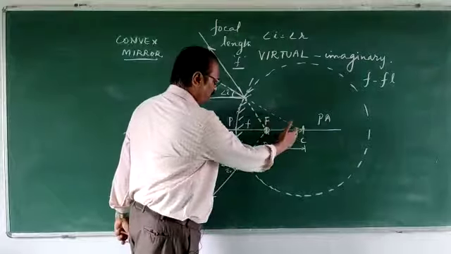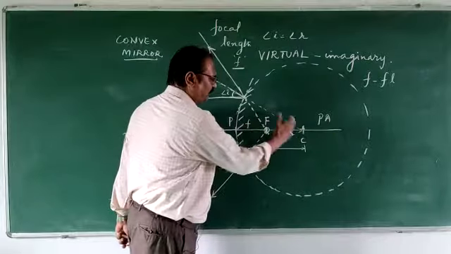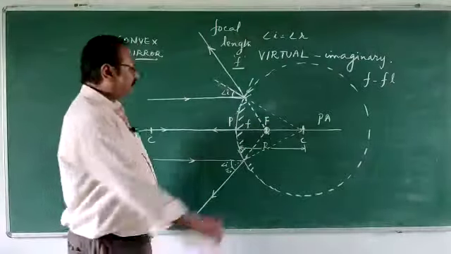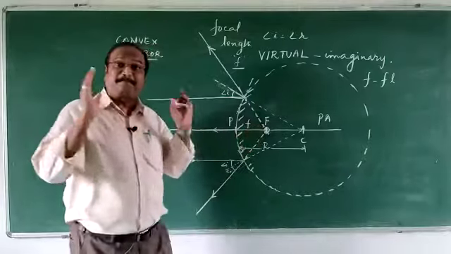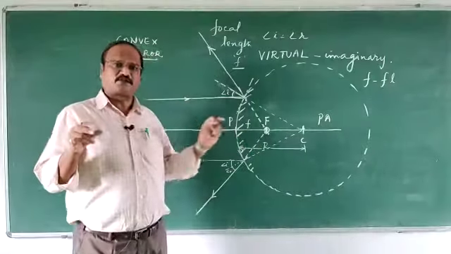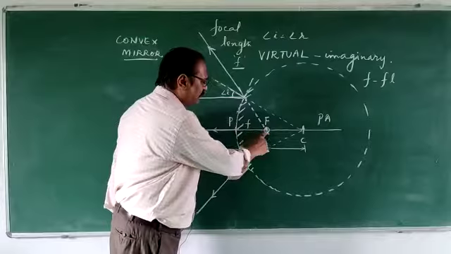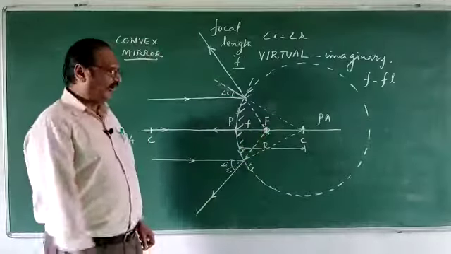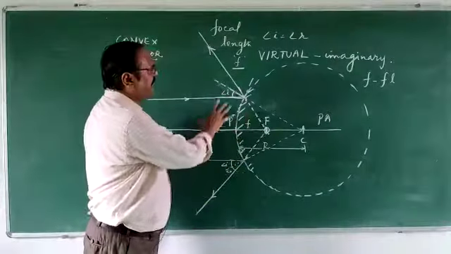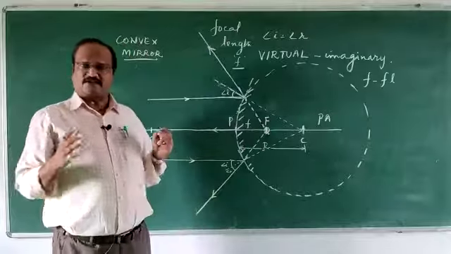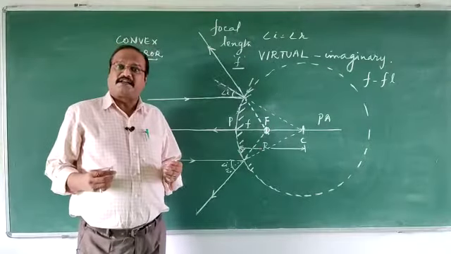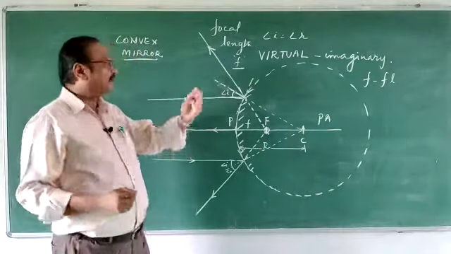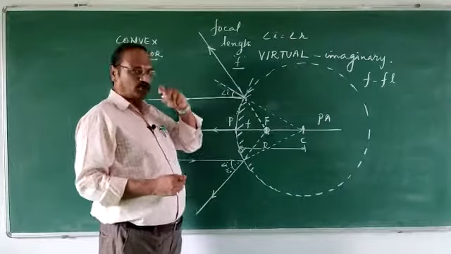Radius of curvature is the radius from the pole to the center of curvature. Where the rays meet or appear to meet, virtual, that is the focus, and its distance is the focal length. In the case of a concave mirror, it is a real focus, and in a convex mirror, it is a virtual focus.